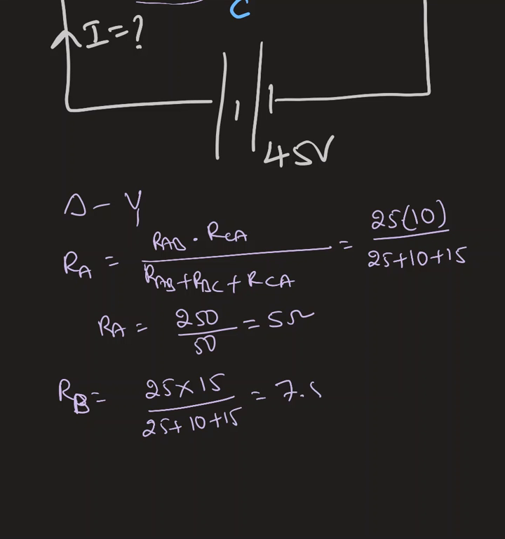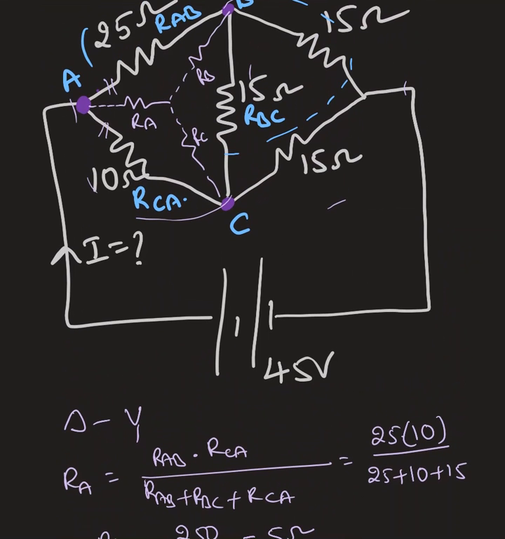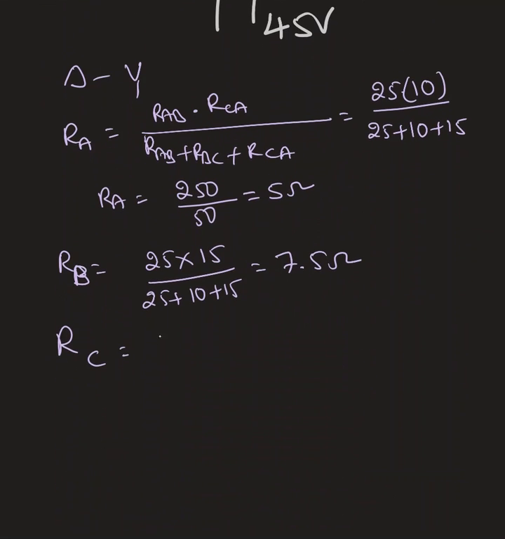This value is 7.5 ohms. Now RC equal to, I have RBC and RCA, so multiply 15 times 10 divided by 25 plus 10 plus 15, which is 50. So 150 over 50, that is 3 ohm.